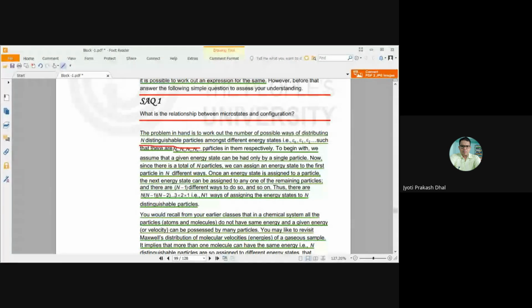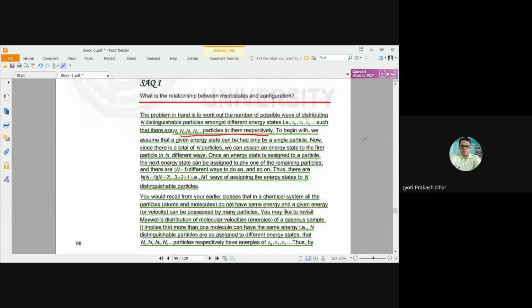So we have to arrange n distinguishable particles among the different energy levels epsilon 0, epsilon 1, epsilon 2, epsilon 3 and so on, such that there are n0, n1, n2, n3 and so on particles in them respectively.